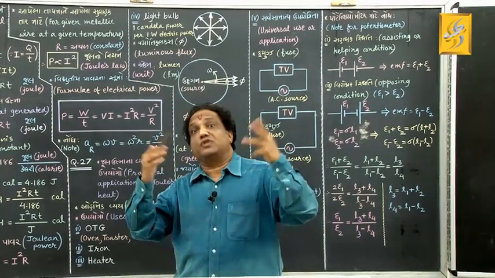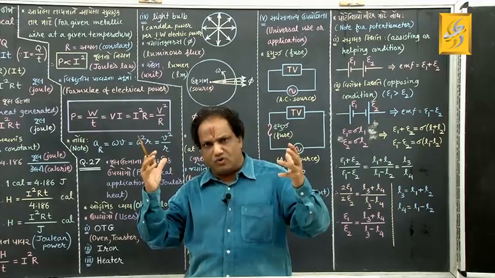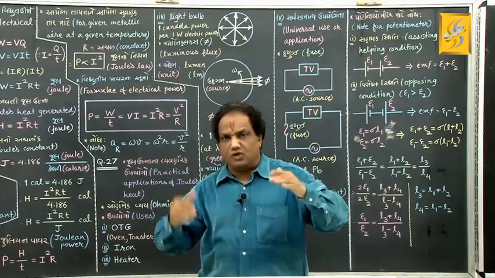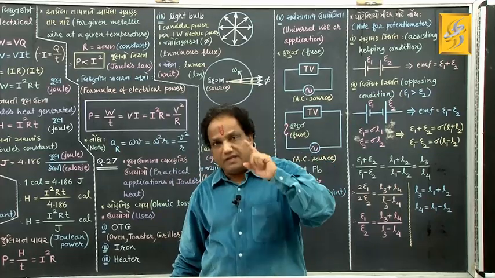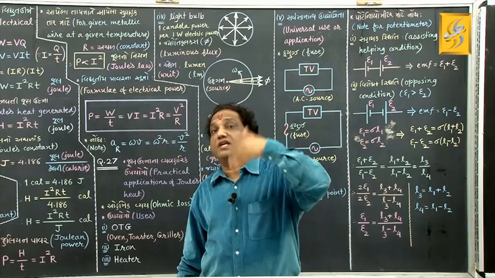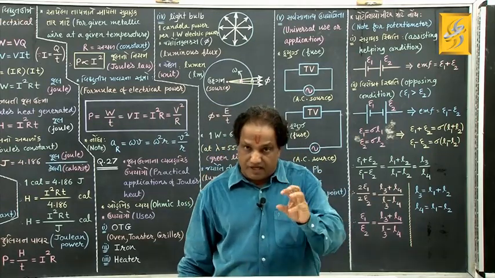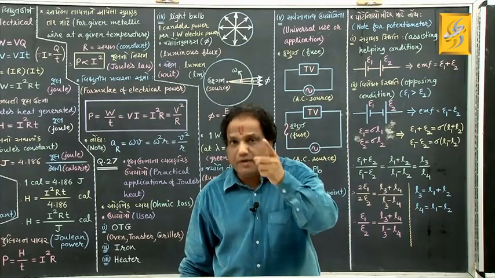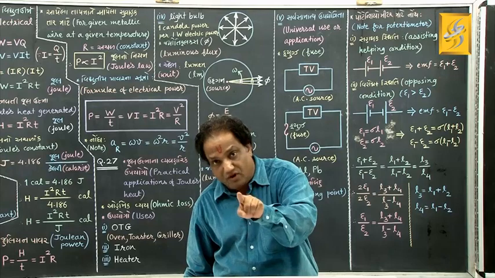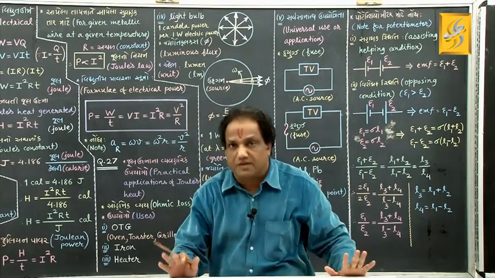Now, tell me, when you supply electric current to the bulb, it produces a lot of Joule's heat, and because of the production of a very large amount of heat, it raises its temperature very quickly to some limit, and after that partly that energy is transformed into light energy. So, whatever electric energy we are supplying to the bulb, its majority part is reproduced in the form of Joule's heat, and a little part is converted into light energy.